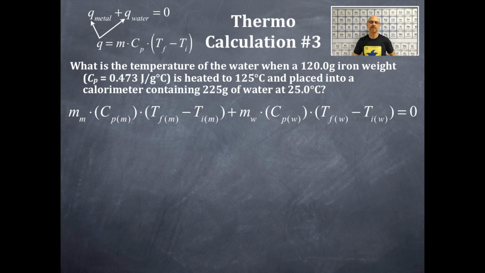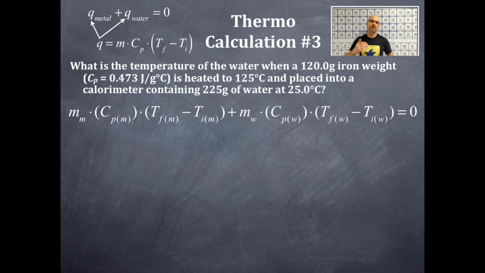It's M for the mass of the metal times the specific heat capacity of the metal, Cp of M, times the final temperature minus the initial temperature of the metal, plus the mass of the water times the specific heat capacity of the water times the final temperature of the water minus the initial temperature of the water. The sum of the heat of the metal and the heat of the water is equal to 0. That means they are the same value but opposite in sign. That is when they reach thermal equilibrium.